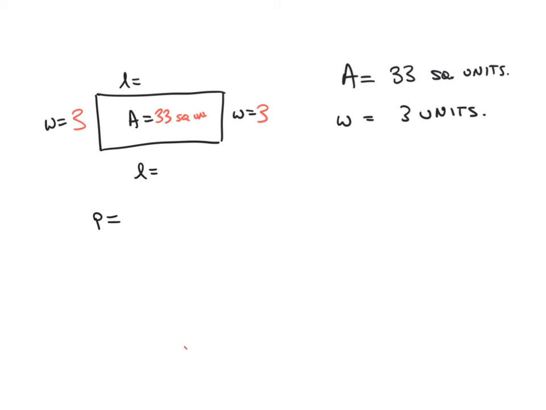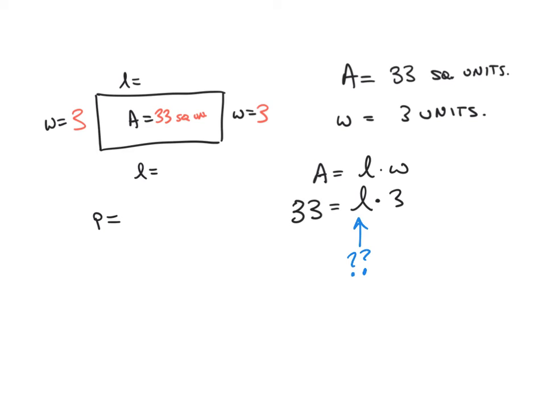Well, I know how to find the area of a rectangle. I'm going to take the length of that rectangle times the width of that rectangle. And I know that the area is 33 square units, and I don't know the length, but I know the width is 3 units. And so, the question I have is, what number do I multiply by 3 to make 33?